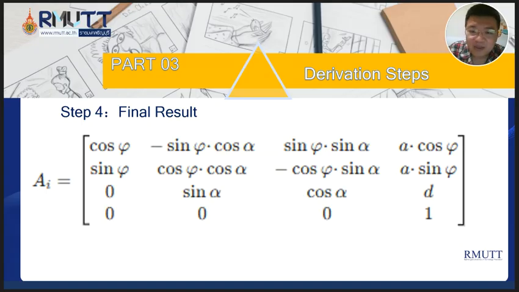After this cycle, the homogeneous transformation matrix follows as the same. The first element is cosine phi, negative sin phi cosine alpha, sin phi plus sin alpha cos phi. This is the second result.